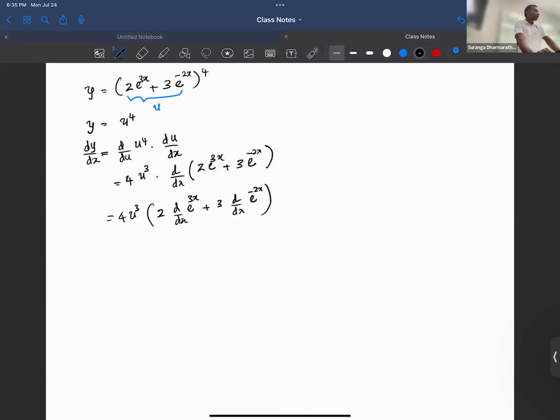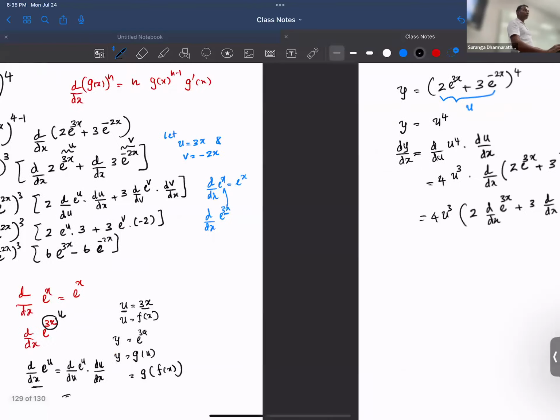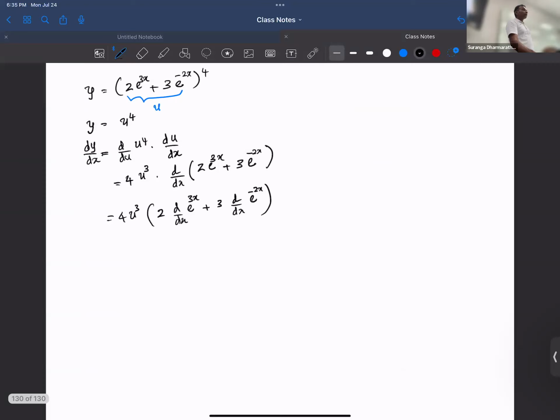Right? So we did that part, so I'm not going to repeat it. What we did in the other problem is the same from here onwards. So you take u and v, or any other letters, and you can do the same thing and get the answer. So you can apply the chain rule as many times as you want to solve any problem.